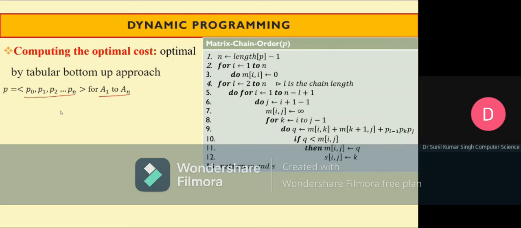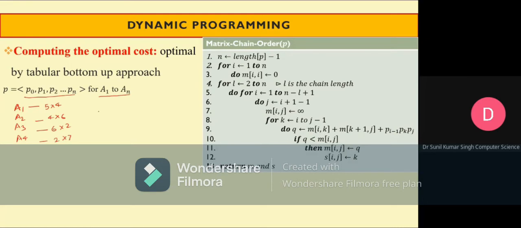So suppose that there are 4 matrices, A1, A2, A3, A4, and their orders are, let's say, 5 cross 4, then 4 cross 6, this one is 6 cross 2, and this is 2 cross 7.